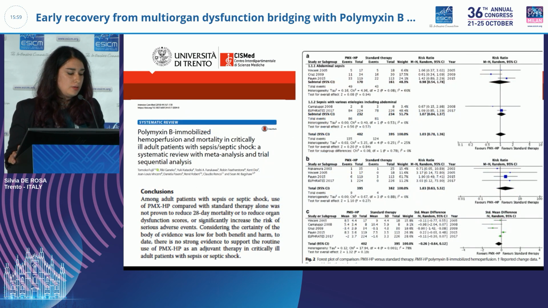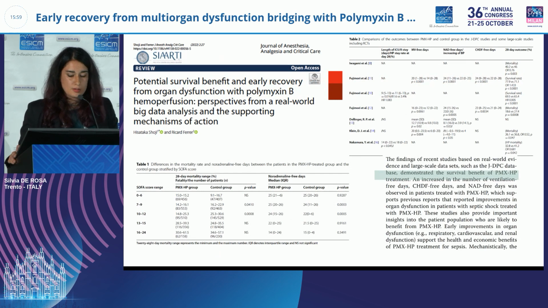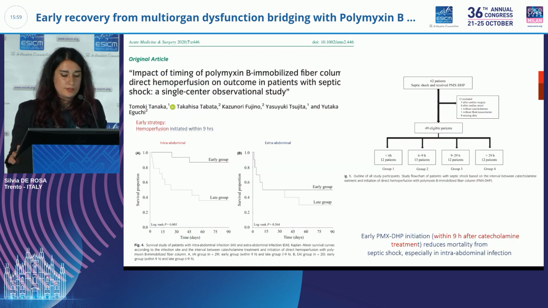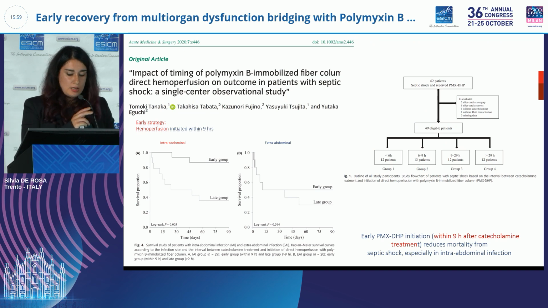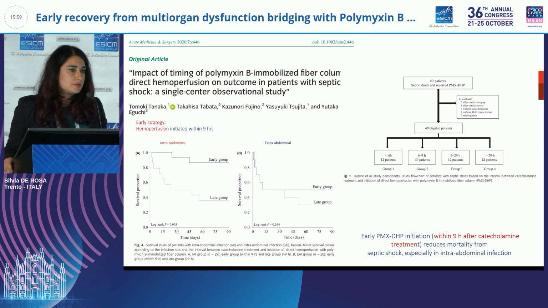So although we do not have really strong data concerning 28-day mortality, if we consider all the studies, we have positive data. They are in favor of PMX-HP treatment. And although we have some studies that show a survival benefit in treated patients, there is not really huge evidence concerning the timing.